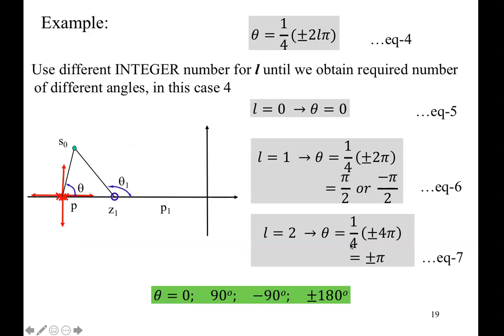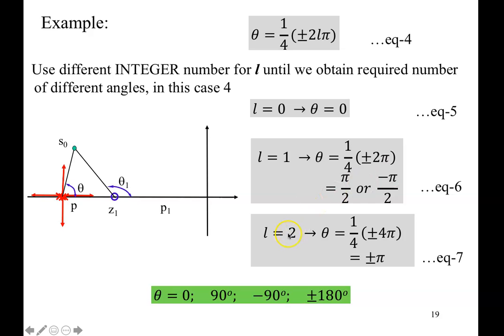Now if I try different L values for this, L equals 0, I'll get 0. L equals 1, I'll get positive minus 2 pi divided by 4, and then I'll get positive or negative pi over 2.